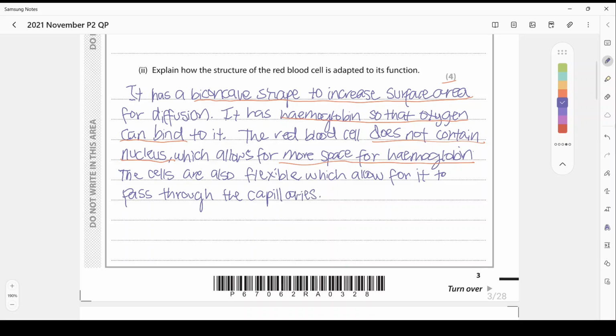And then lastly, the membrane of the cell is thin, which reduces the diffusion distance.